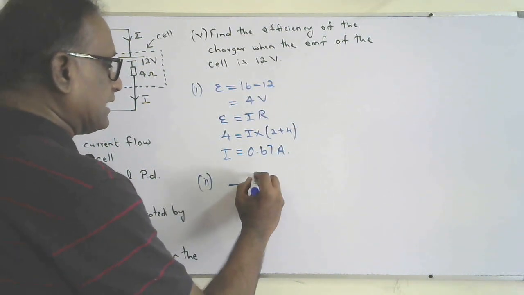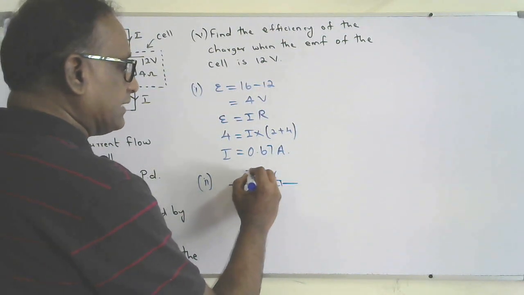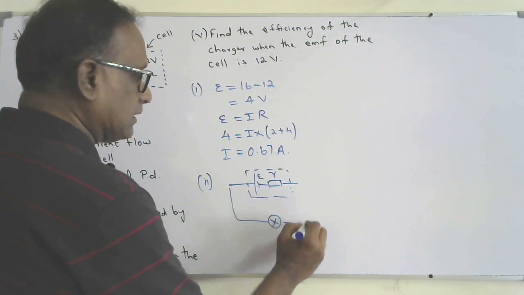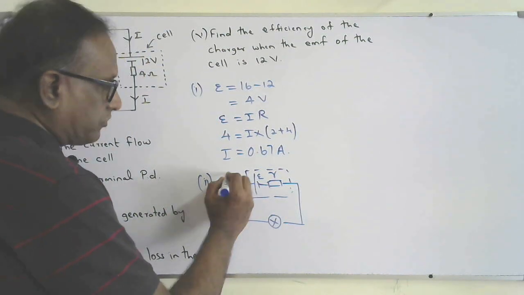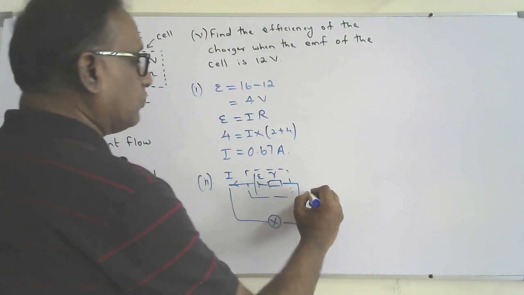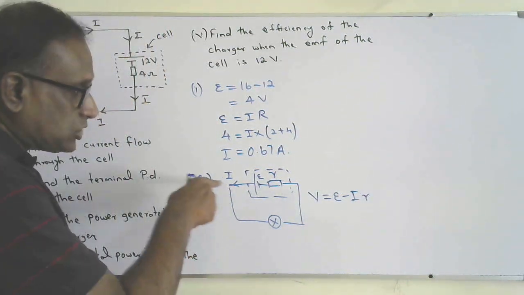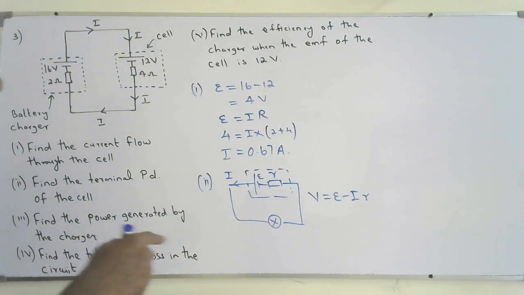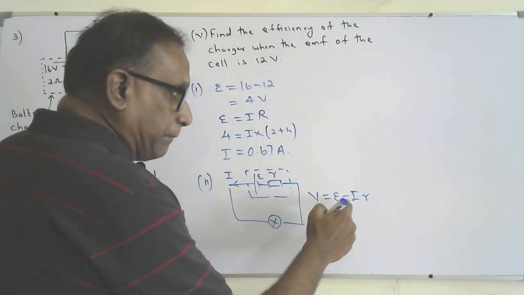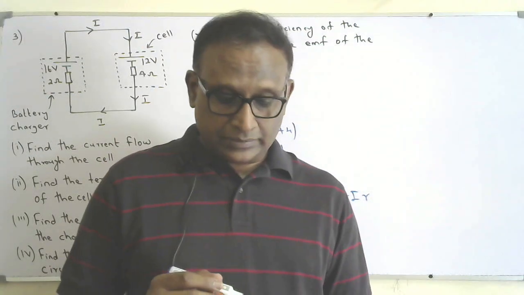So when you consider a cell like this, which has resistance r and EMF epsilon, connected in a circuit, current will come out of the cell. So there I can say the terminal potential difference V equals E minus Ir. But here current is going into the cell, so I can't use this equation. We can use V equals E plus Ir, but that equation is not in the Edexcel syllabus.